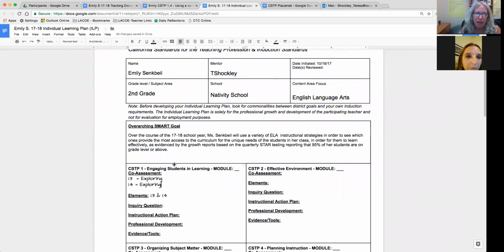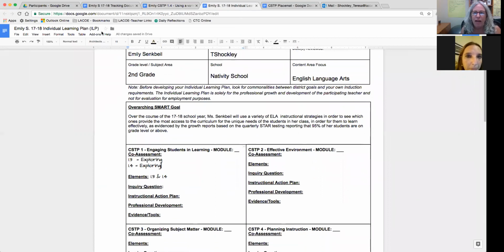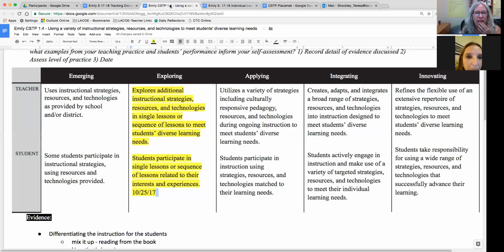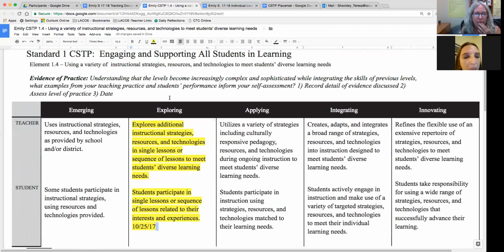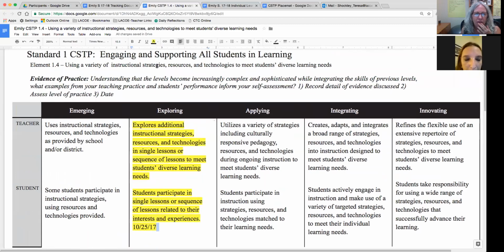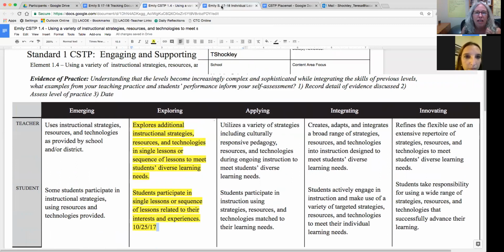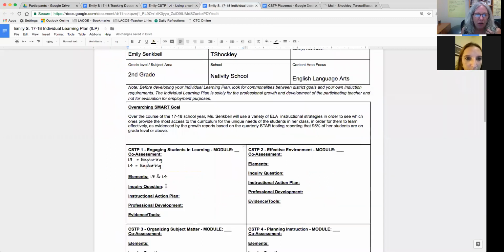So if you think about that, let's look at that again. Talking about technologies and instructional resources and strategies, thinking about that, what kind of inquiry question do you think you want to come up with?